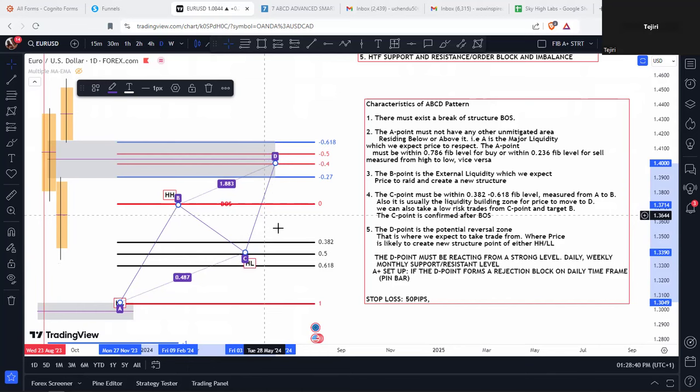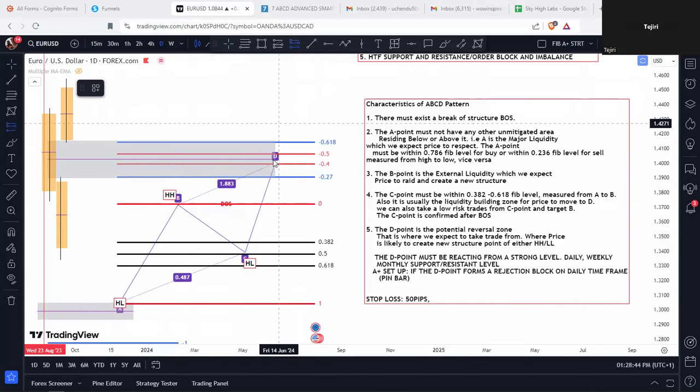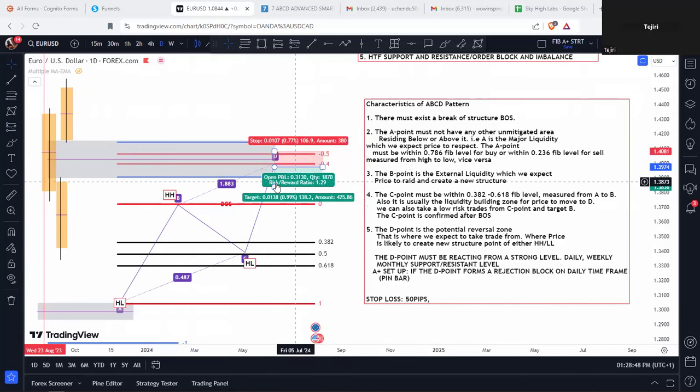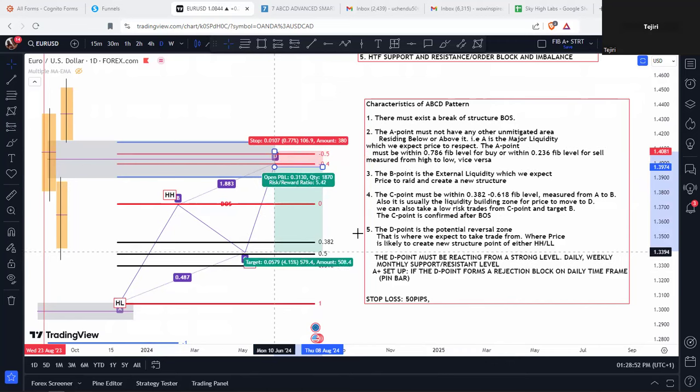Then if you are selling from here, your target is always at C. Target is always at what?